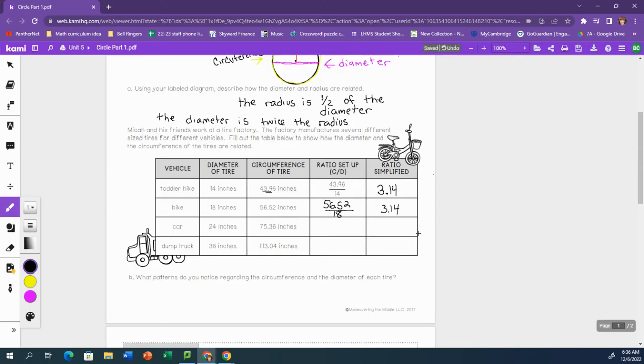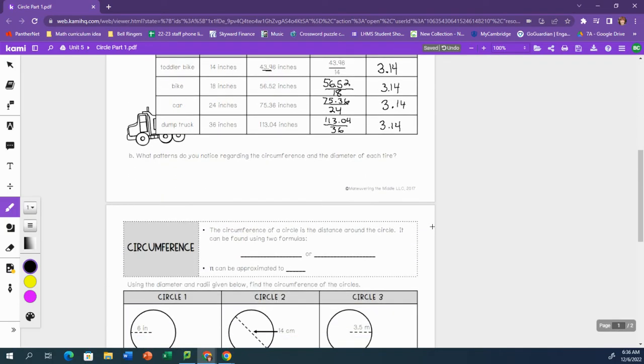And 75.36 divided by 24, we would get 3.14. It doesn't matter what size, this ratio is the same. 113.04 divided by 36, what do you think we get? 3.14.